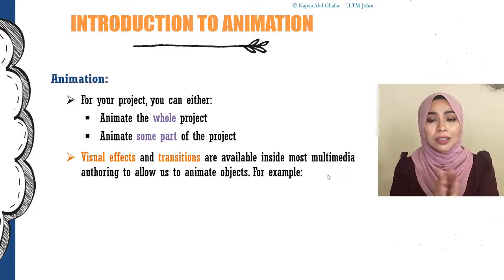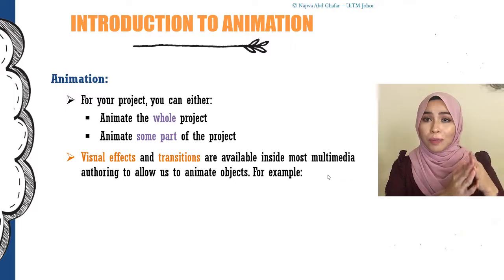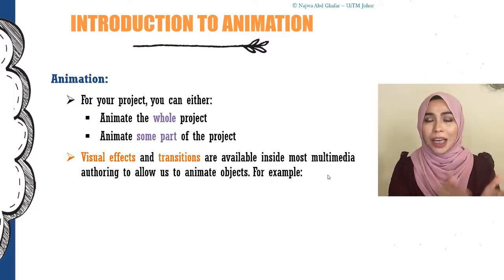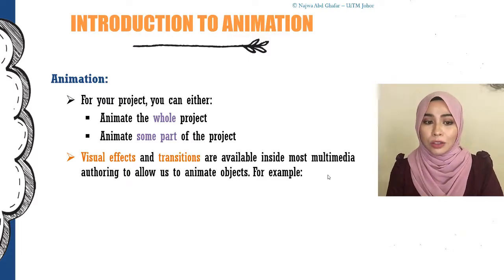Since the animation is moving from the beginning until the end, that is known as animating the whole project, and we call that an animation video. Or you can animate some part of the project. Let's say for a certain area of your project you want things going inside and outside, then you can also do that.